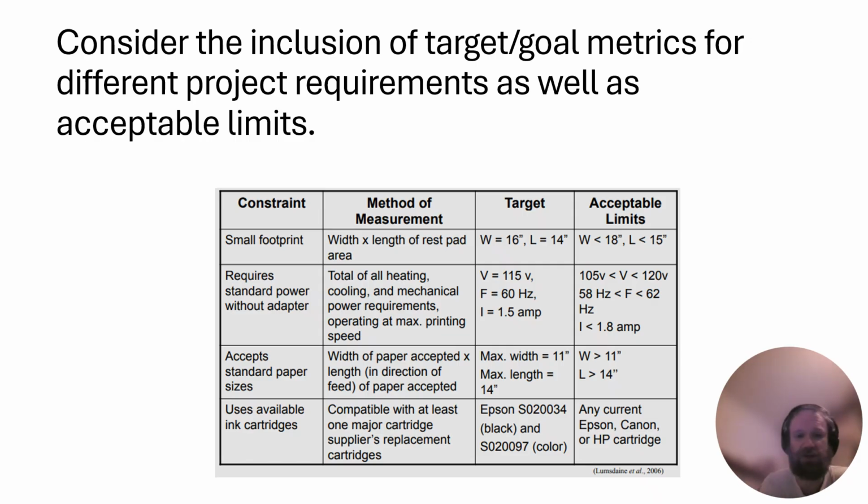In this particular example here, what we see is the goal for this particular project is associated with a printer in which we have our target specs or metrics, but then also acceptable limits, in which based upon interaction with stakeholders, trade studies, and other such things, we have determined that the goal associated with the baseline user need or requirement can still be achieved if we hit these limits or within this range.